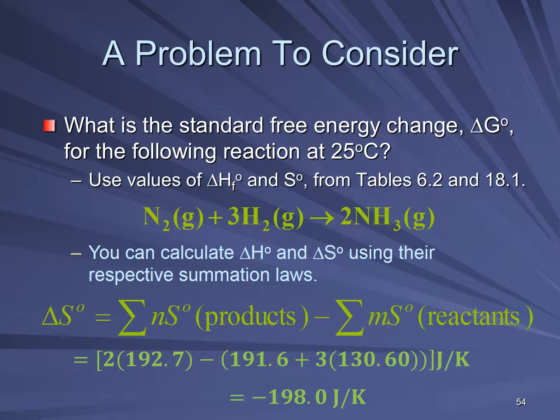Delta S is the same way. You take the products times their coefficients, sum those together, minus the reactants times their coefficients. Be really careful when you do the math. I would definitely add all the reactants together and all the products together first, which in this case is just NH3, so 192.7 times 2, and then add together all the reactants before you subtract.